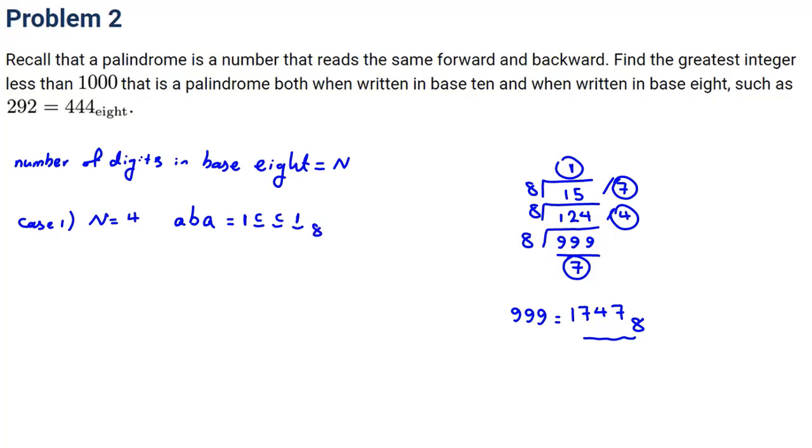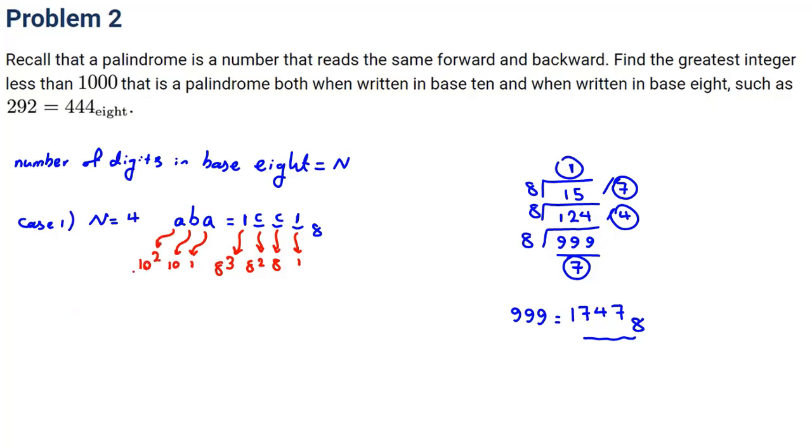So you should know how to change from base 8 to 10. You multiply by 1, by 8, by 8 squared, and this one by 8 cubed. In base 10 also, you multiply by 1, by 10, by 10 squared.